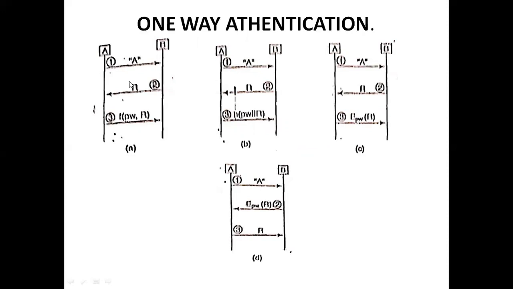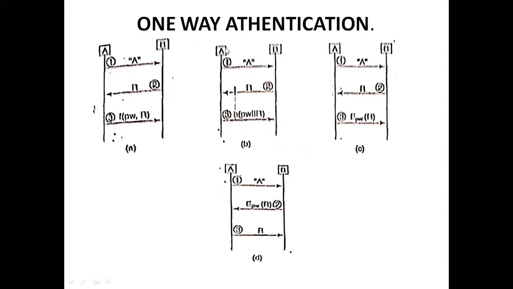The size of this nonce will be 256 bits. Now A performs some function f on the password and R.